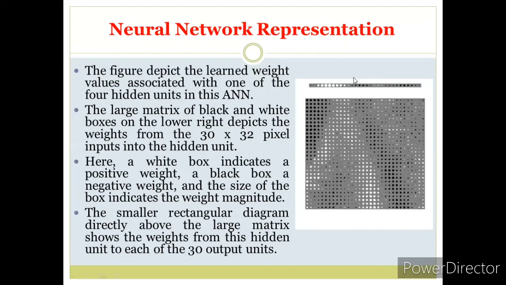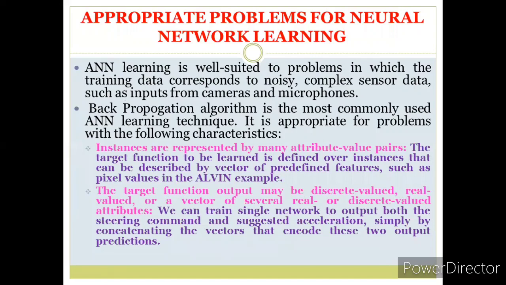White indicates positive weight and black negative weight, showing in which direction the vehicle has to travel, as the ANN unit performs the decision. This is how a neural network representation can be used, considering the example of an automatic vehicle traveling on the highway.